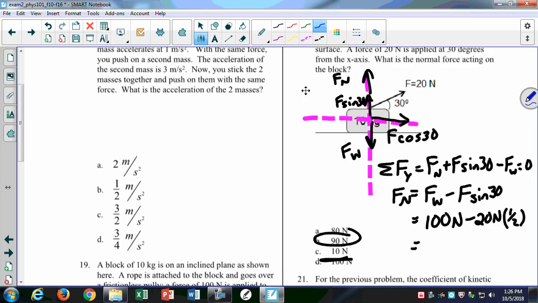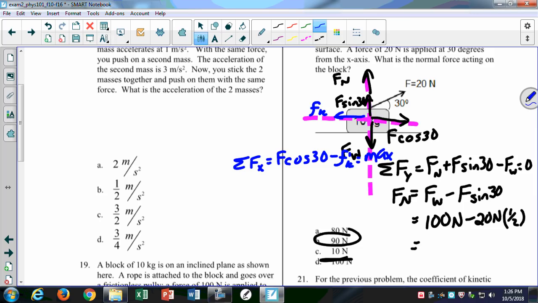All right, so I'm adding in friction. If I have Fk here, the sum of the forces in the x direction is F cosine 30 minus Fk, and that's equal to m a_x.